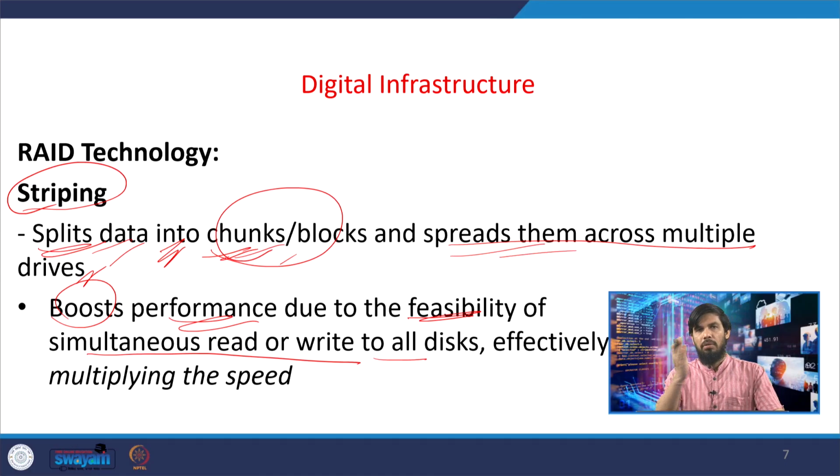That means you can do simultaneous read or write to those drives, so parallel processing comes in, and because of that the boost in performance is experienced, effectively multiplying the speed. So, this is striping; if it is implemented in RAID technology, it will give the performance boost.